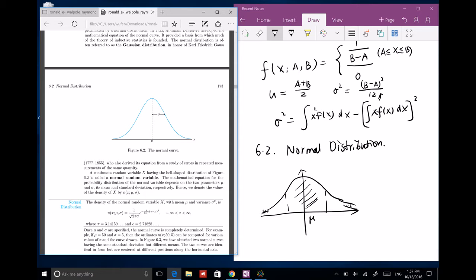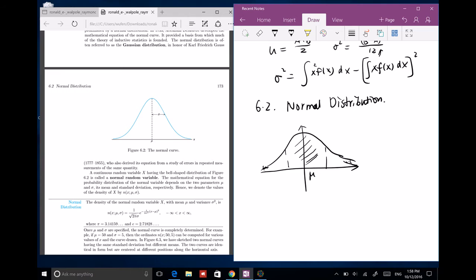The probability distribution of the normal variable depends on two parameters, mu and sigma. Mu is the mean value and sigma is the standard deviation.